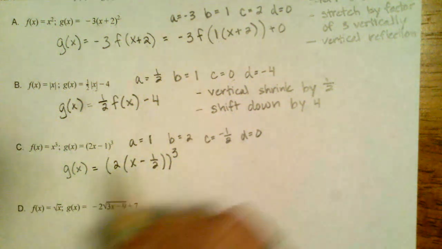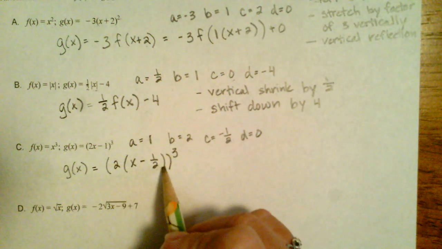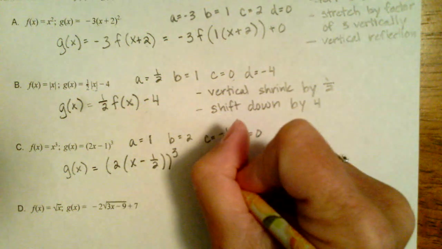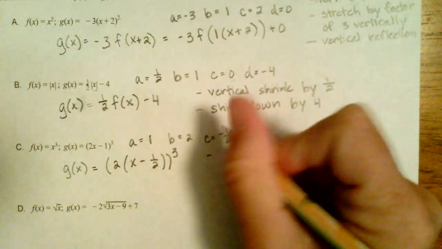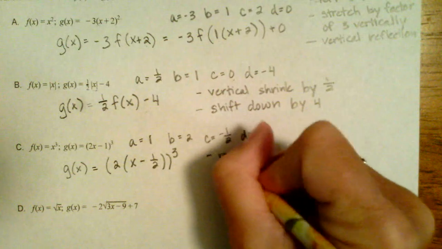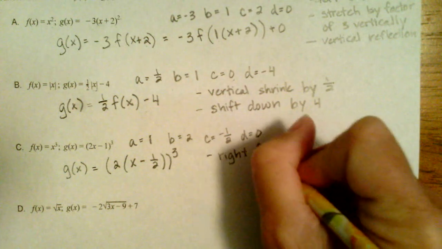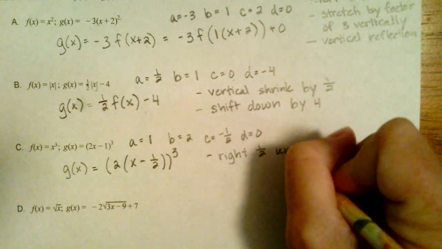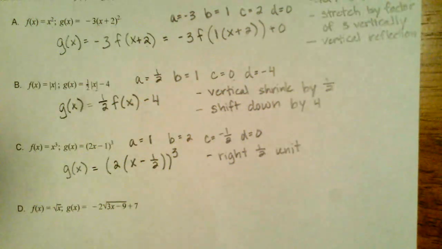So now, working from the inside out, I'm going to move right 1/2 unit, because C involves my horizontal shift left or right, and it is right if C is less than 0.